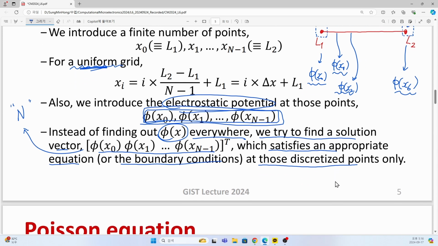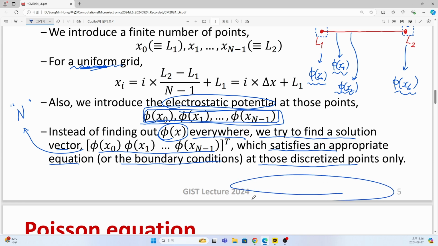Of course, I wanted to say, is this perfect? So in this sense, we just calculate an approximate solution about this problem.